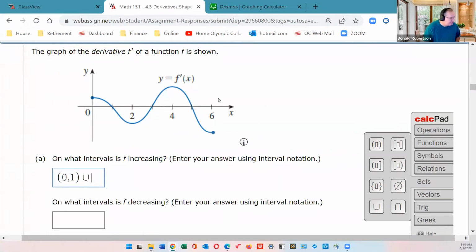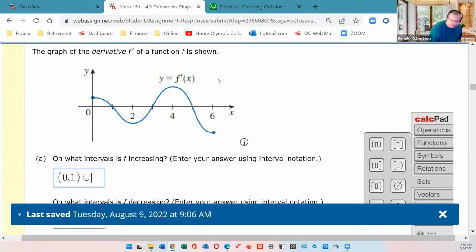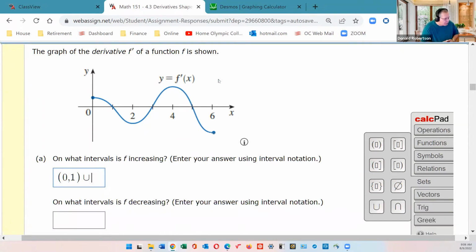Now, where else is this function increasing? Remember, what you're looking at here is the derivative function, not the original, but what the derivative looks like. Where else is it increasing? 3 to 5. That makes sense, guys. Positive means increasing, right? Negative values below the x-axis means decreasing.